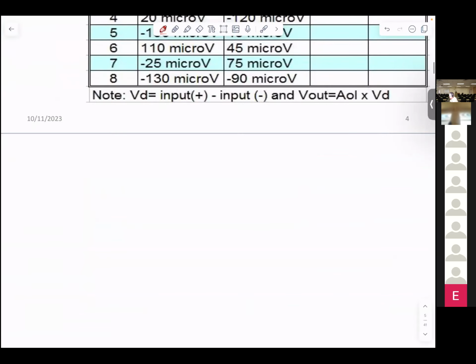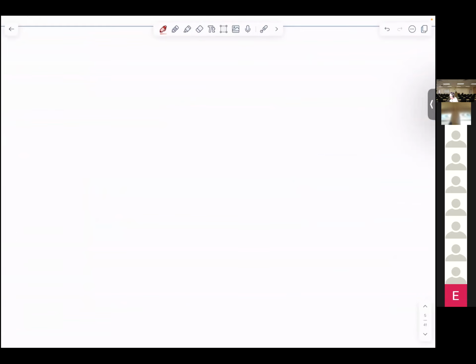Okay, let's see. I can show you this one. That is VD. Okay, in the middle here, 0 volt. Now the maximum V plus saturation.